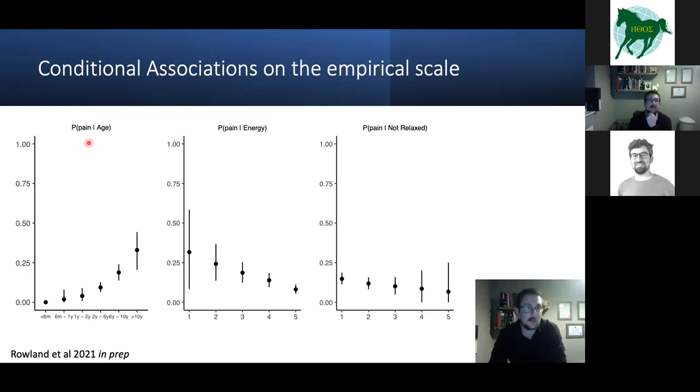In this first section, we have the probability of pain given the dog's age. And we can see that this increases the older the dog gets. It goes from around 0 for less than 6 months, and increases up to about 0.34 over 10 years.